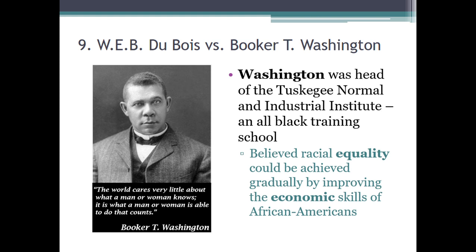And he didn't really think that African Americans needed to bring an immediate end to segregation. He said, in all things social, we can be as separate as the fingers on the hand, but in things economic, united as one fist, something like that. So he was okay with the idea that segregation would continue. He thought if we achieve economic independence, eventually segregation will come to an end on its own.